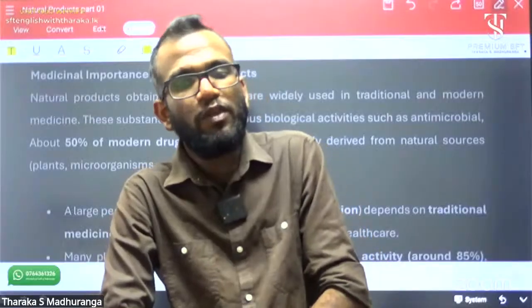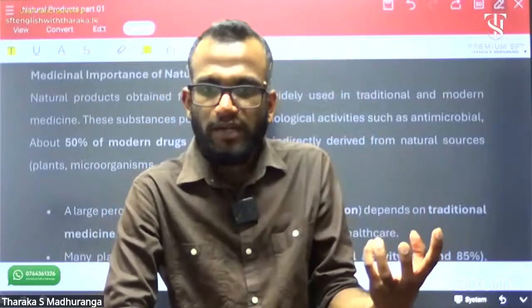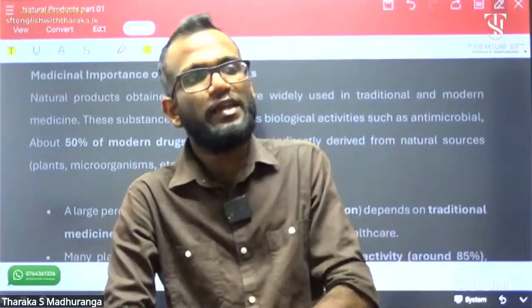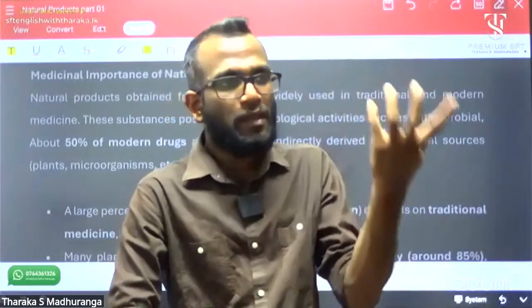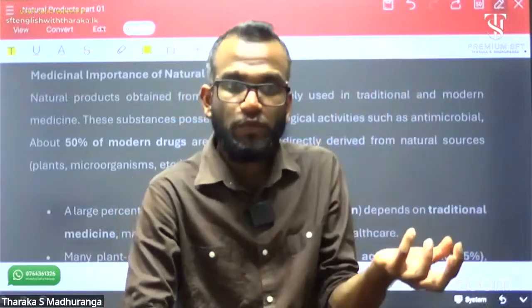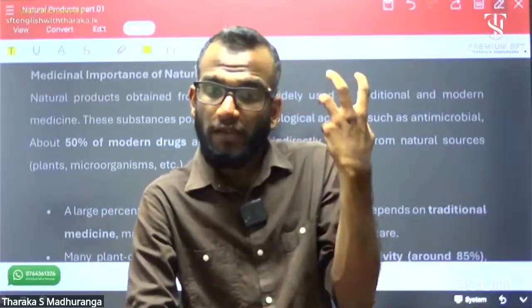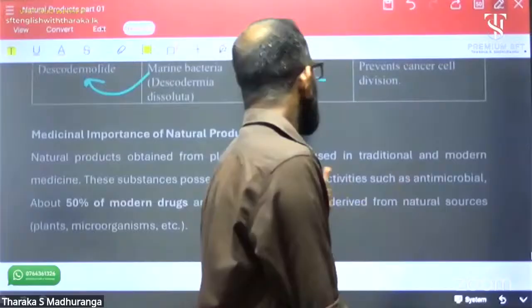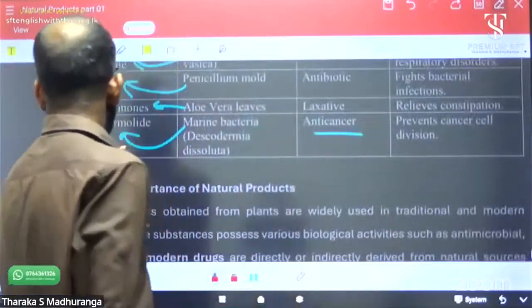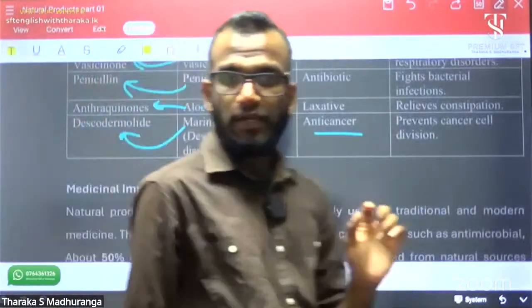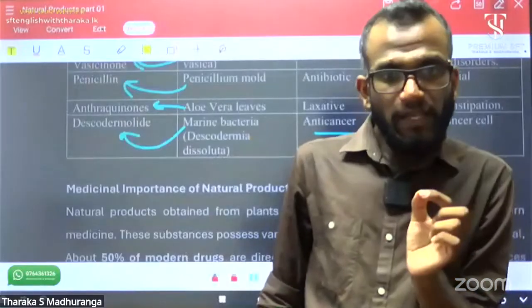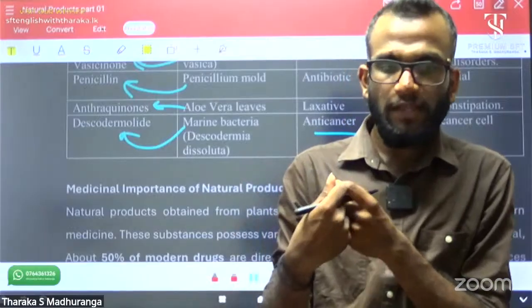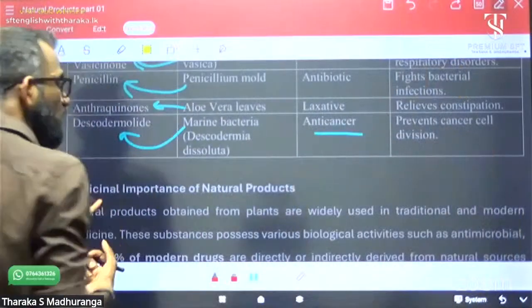Adathoda contains vesicinone, cinnamon contains cinnamaldehyde, ginger contains gingerol, clove oil contains eugenol, aloe vera contains anthraquinone, and penicillin too. All of these have medicinal properties.